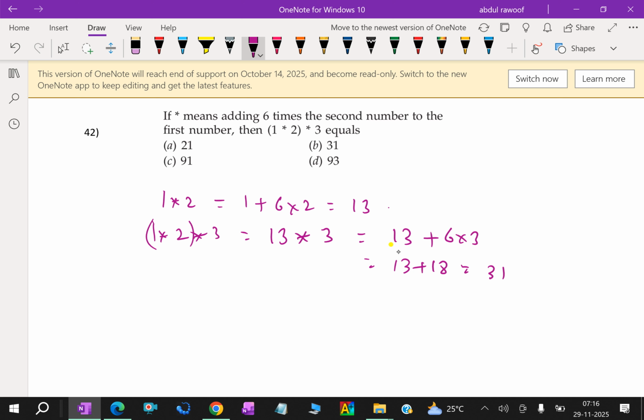Then 13 star 3 is 13 plus 6 into 3, which is 18 plus 13. Option is B.